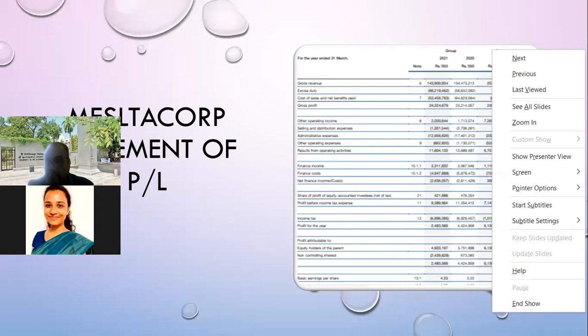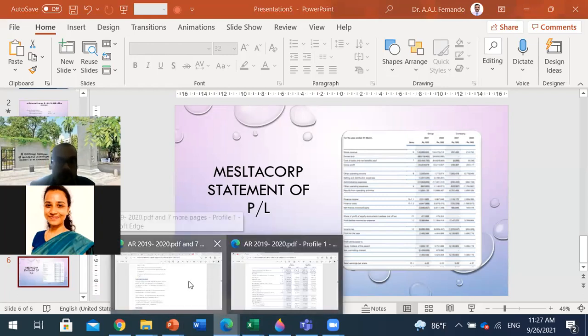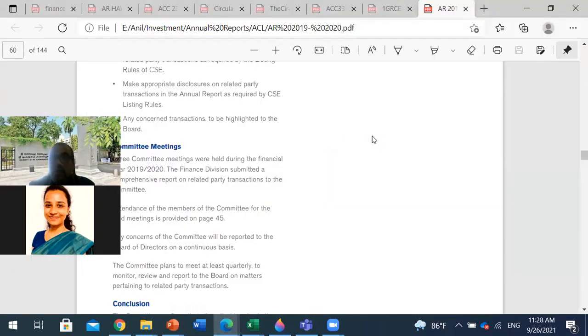This is Mail Starkov PLC. I think one of our guys is working on Mail Starkov, so some insights of the company can also be taken into the analysis. That's why I just took that one. Annual report. This is the Mail.